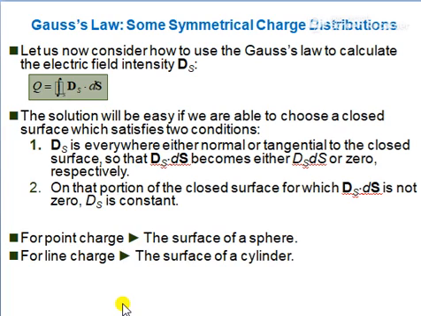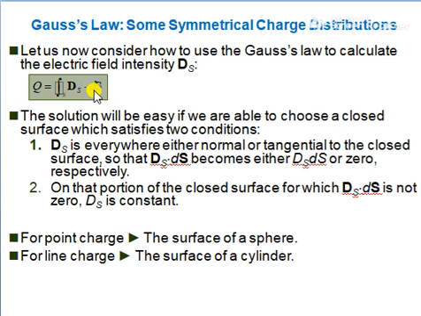So let us see how to find D and E. The first step is to identify D and its direction. The second step is to identify dS and its normal direction, and take the dot product of these two.